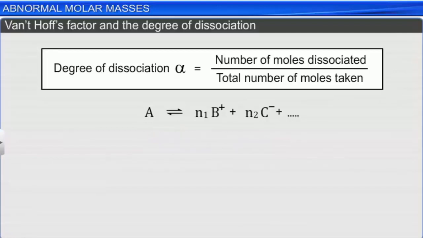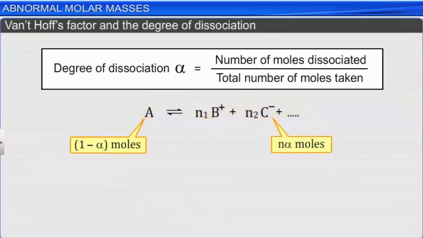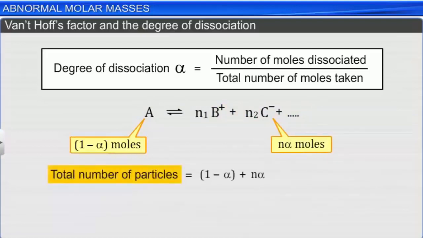If we start with 1 mole of the solute, at equilibrium we have 1 minus alpha moles of the undissociated molecules and n alpha moles of the ions. Thus, the total number of particles present at equilibrium is equal to 1 minus alpha plus n alpha, or 1 plus (n minus 1) alpha.